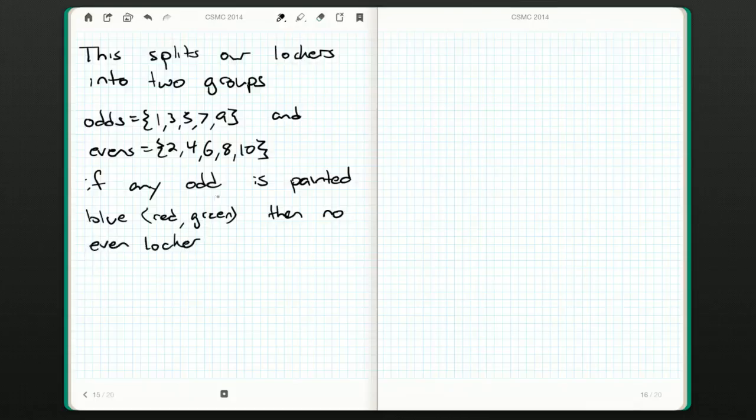So if we know an odd locker is blue, no even locker can be blue. Otherwise, they'd have an odd difference, and that would break that rule. And of course, the same goes for red and green.